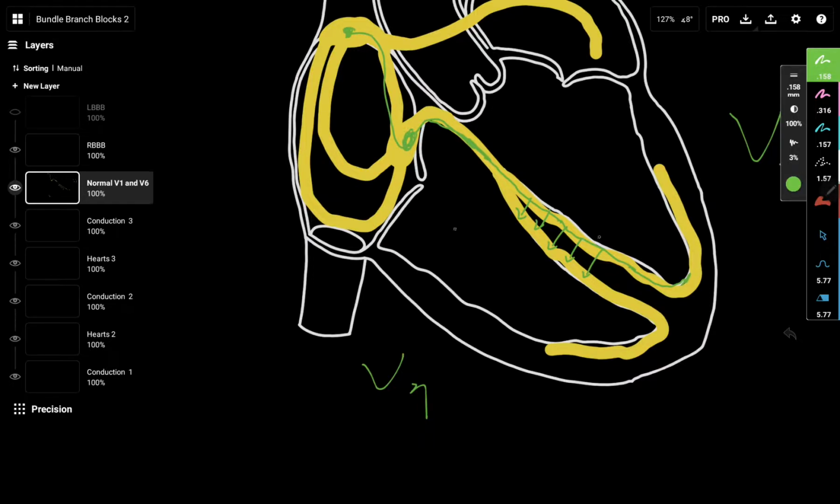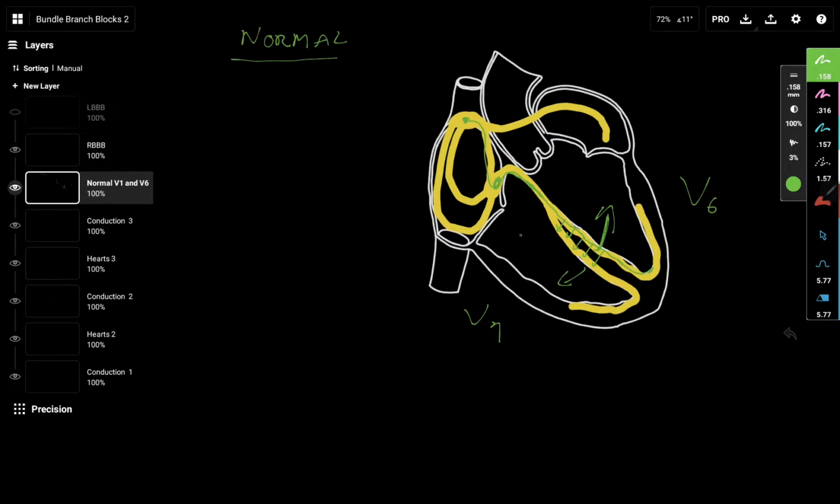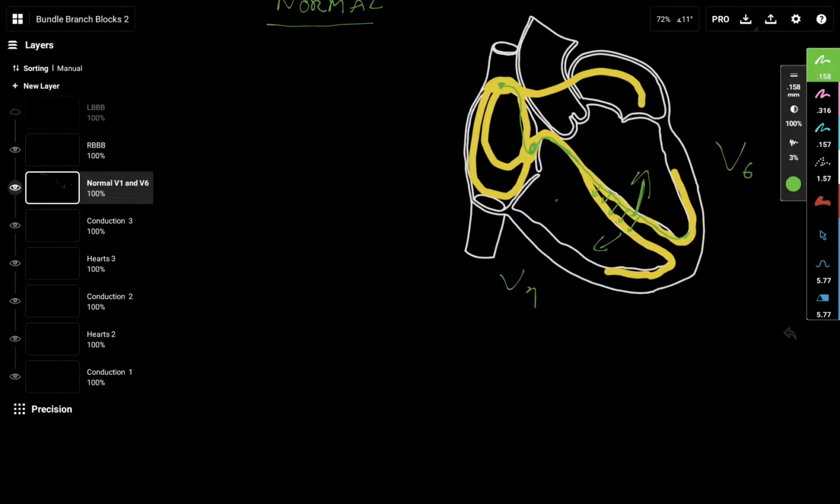So once the action potential is passed from my left bundle branch to my right one, my left and my right are depolarized at the same time during a normal conduction.